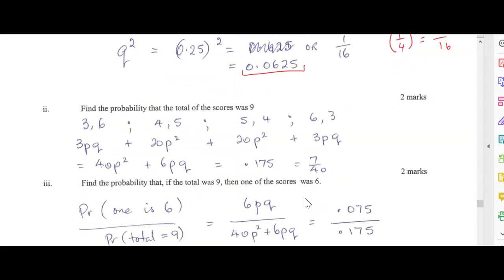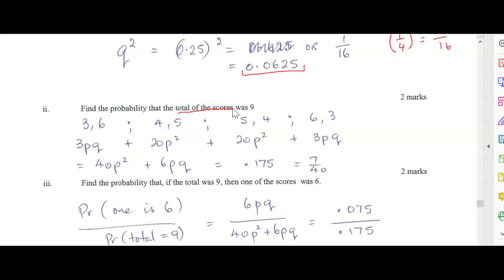Find the probability that the total of the scores was 9. Clearly getting late because I just misinterpreted what that question was asking. I thought the probability was 9, but the total of the scores is 9. So the different combinations you can have are 3 and 6, 4 and 5, 5 and 4, and 6 and 3.